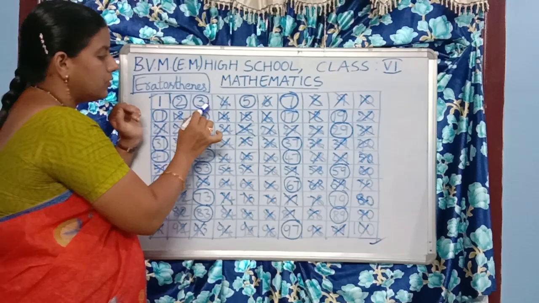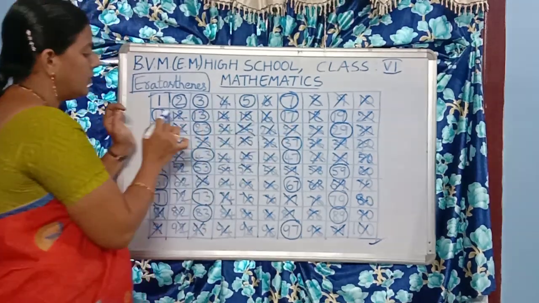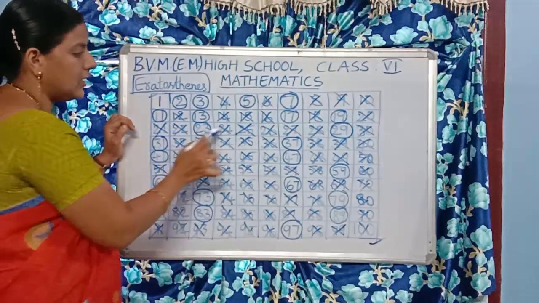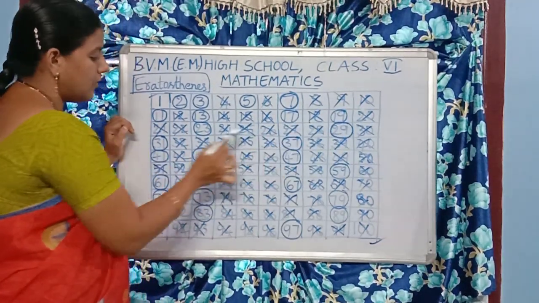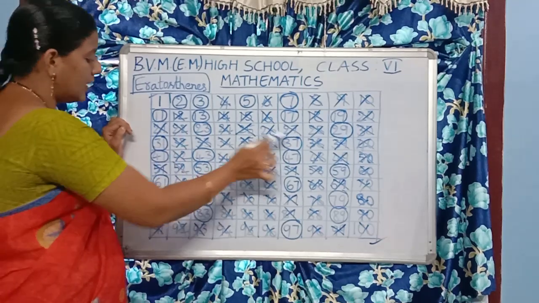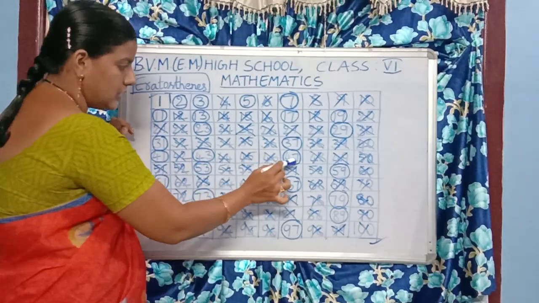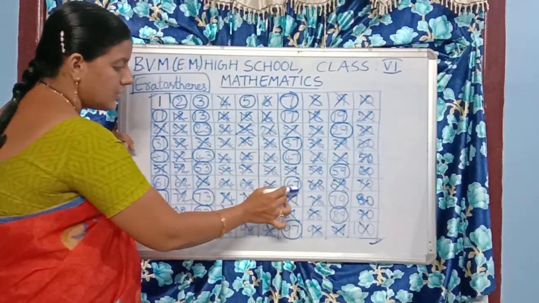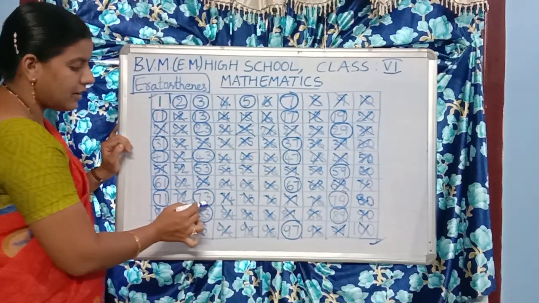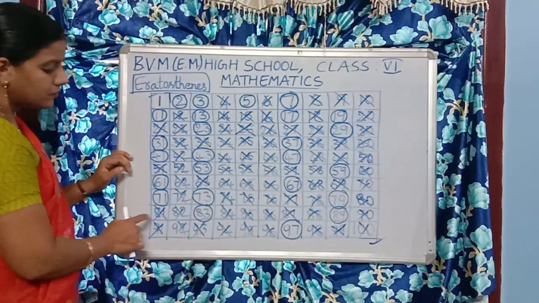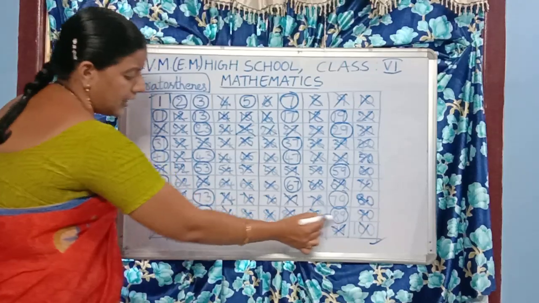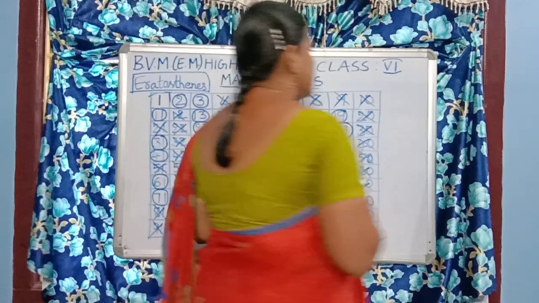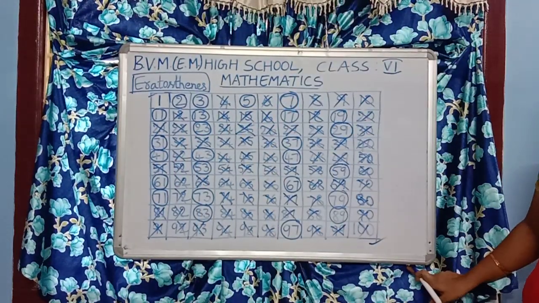Next 2, 3, 5, 7, 11, 13, 17, 19, 23, 29, 31, 37, 41, 43, 47, 53, 59, 61, 67, 71, 73, 79, 83, 89, 97. These are the prime numbers up to 100.